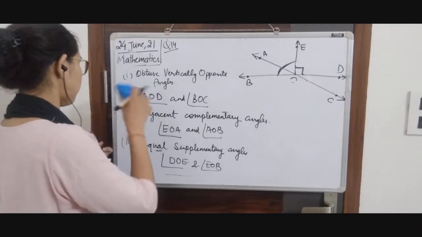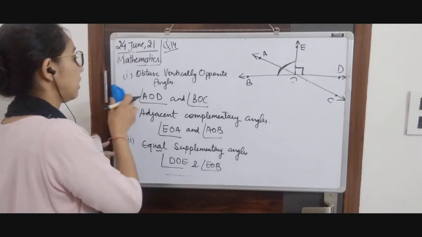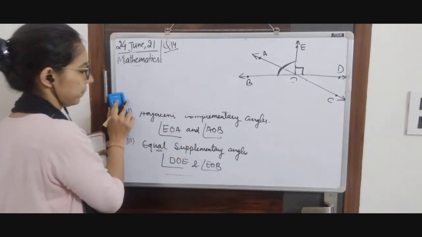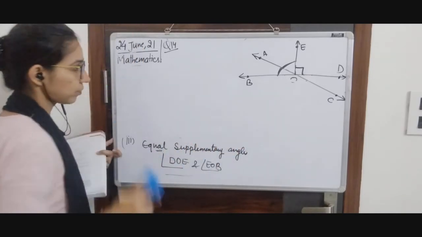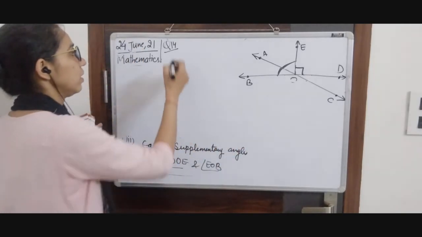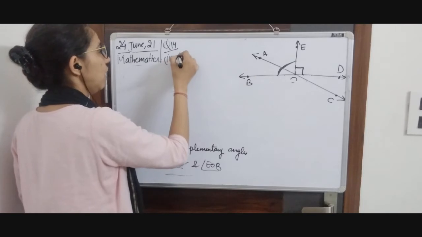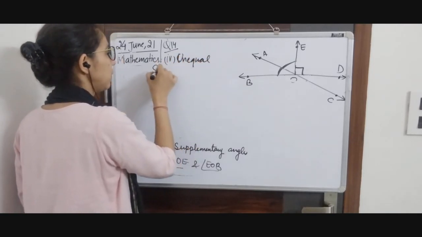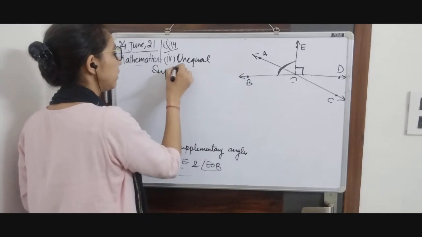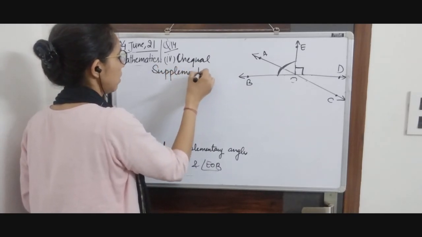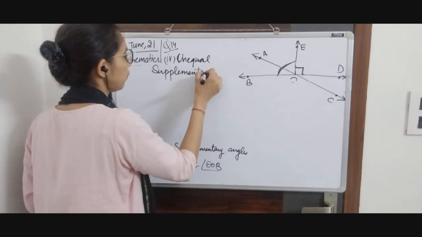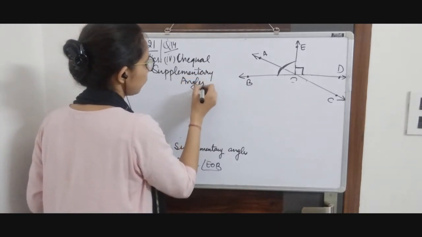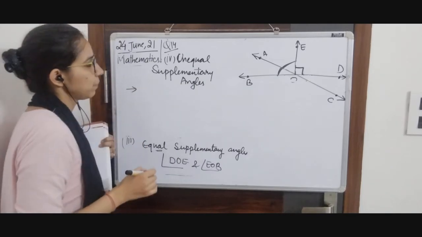Now unequal supplementary angles, the fourth part. Unequal, we can write it in two ways. I am going to write one, and you can check if you can find the other pair.